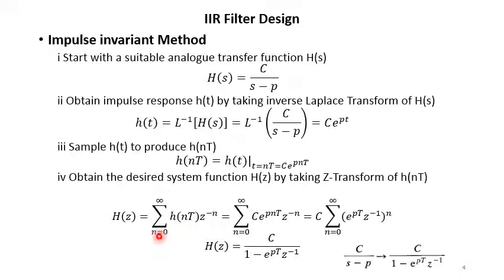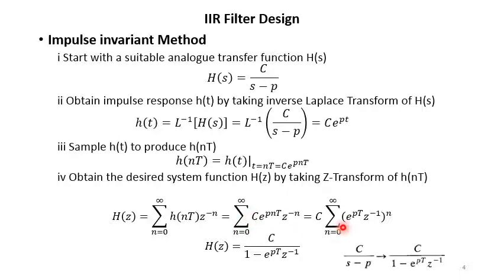So we take the summation running from 0 to infinity of h_n(t) multiplied by z^(-n). Putting in the value of h_n(t), which is C e^(pnT), n is common, so we can write (e^(pT) z^(-1))^n, and we can take out C as a constant because its value doesn't depend on n.